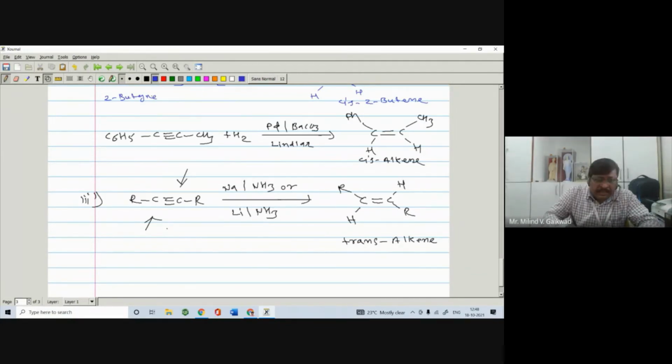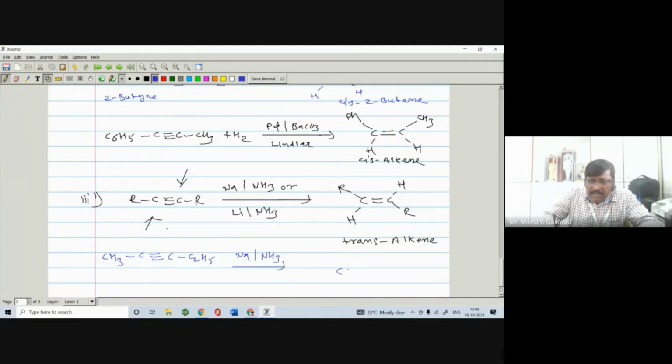Example: here you can take any R. R is methyl, carbon-carbon triple bond. Suppose R is ethyl, C2H5. The reaction takes place in the presence of sodium in ammonia, then the addition of hydrogen on the carbon-carbon triple bond takes place from the opposite side. Suppose you add H from the upper side and the other H will add from the lower side.